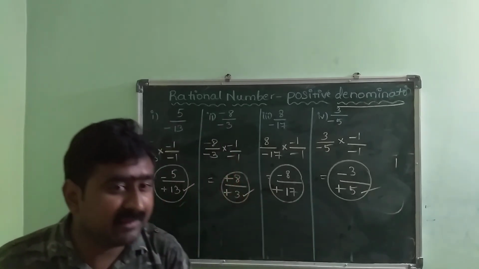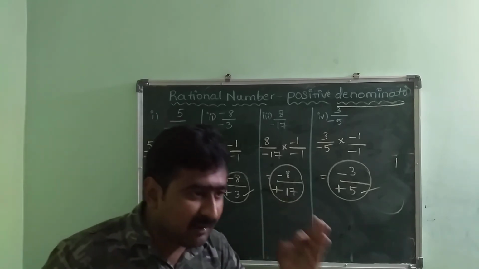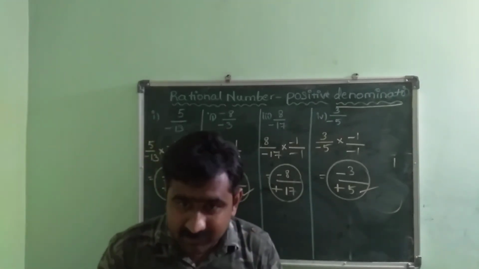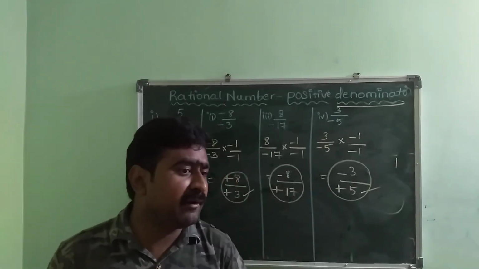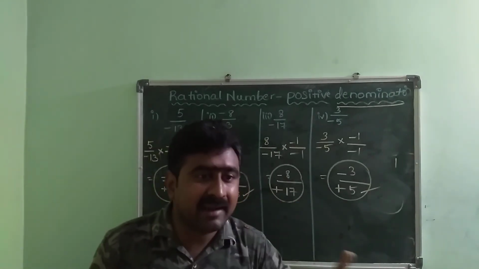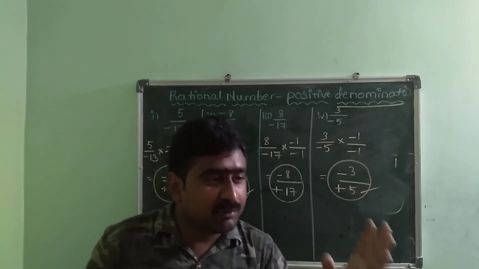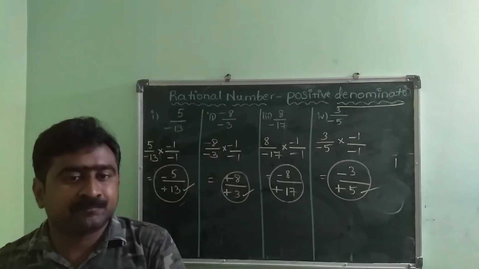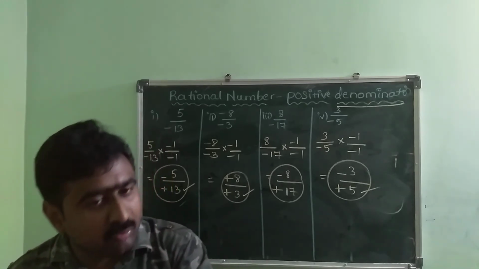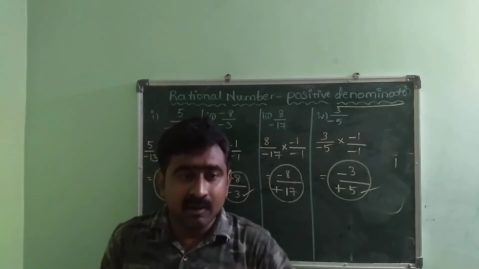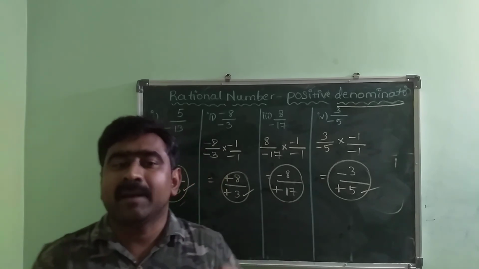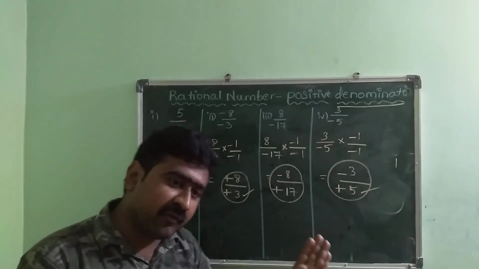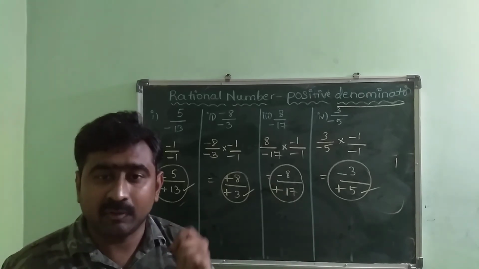Once again, to express a given rational number into positive numerator or positive denominator, we have to remember only one logic: multiplying and dividing with minus 1, so that the given negative number can be expressed into a positive number. Is it clear or not? So either for positive numerator or for positive denominator, we have to multiply and divide with minus 1. This is the only logic we have to keep in mind.